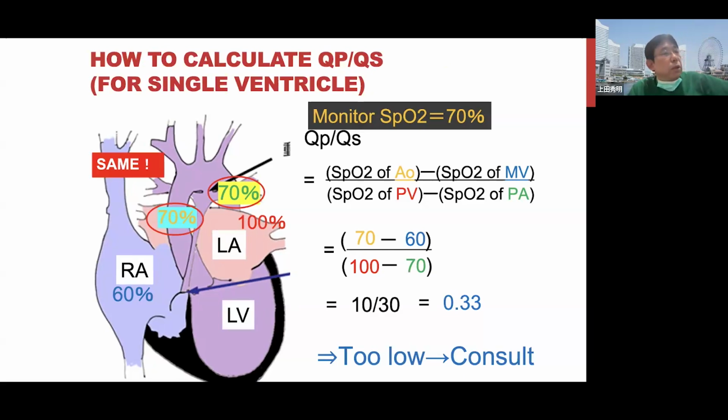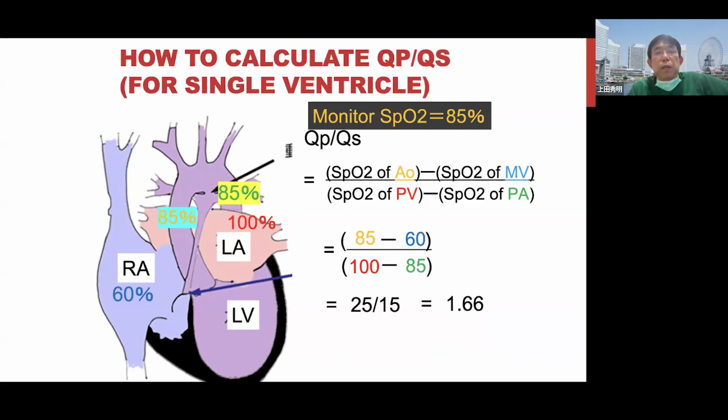So at this point, we have to ask the consultant to be sure what we should do next. It is too low, right? But if the saturation on the monitor shows 85 percent, the roughly calculated Qp/Qs should be around 1.66, which means it's very good and acceptable.